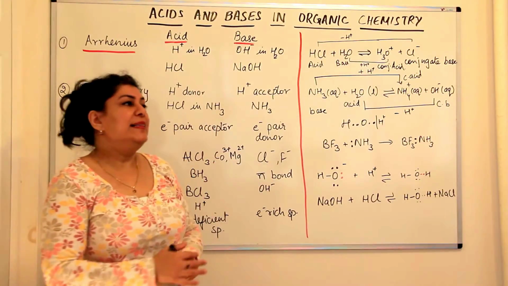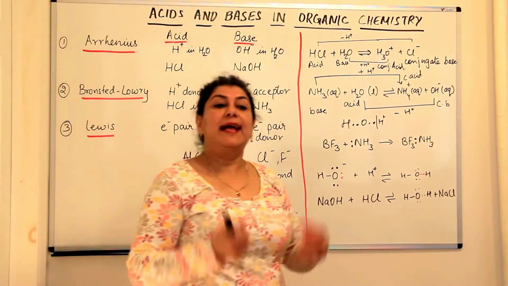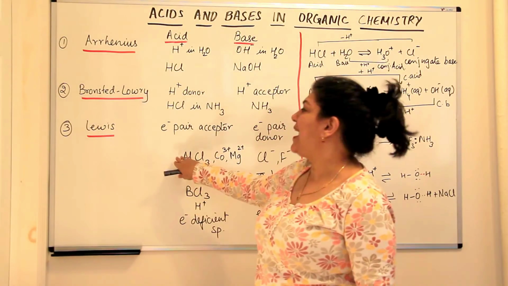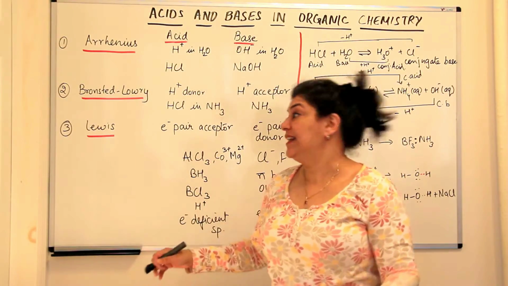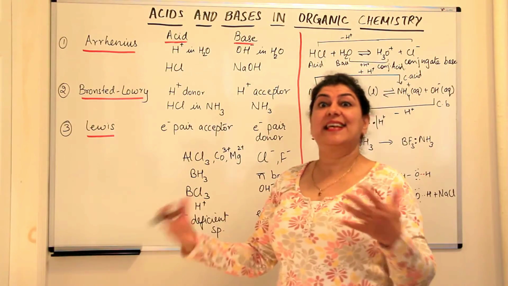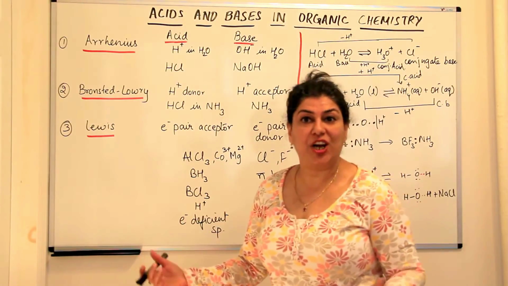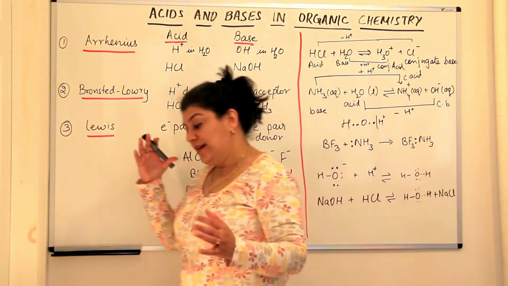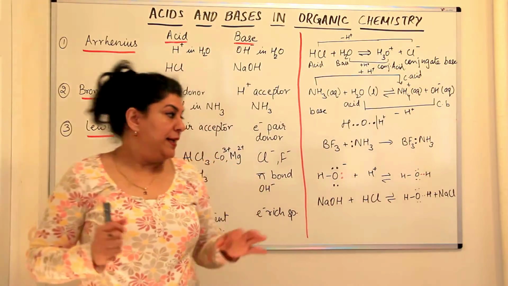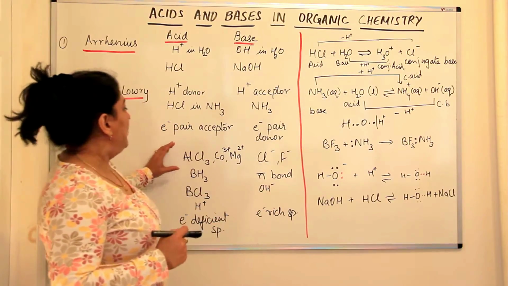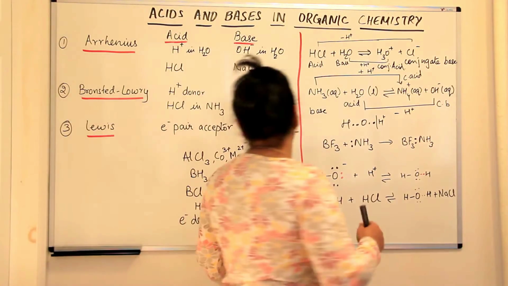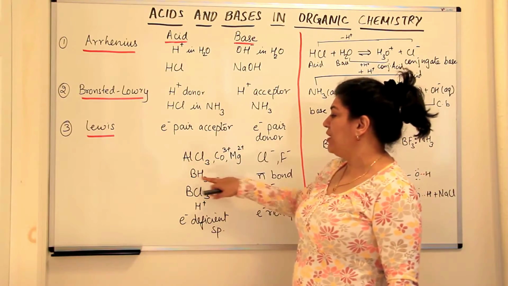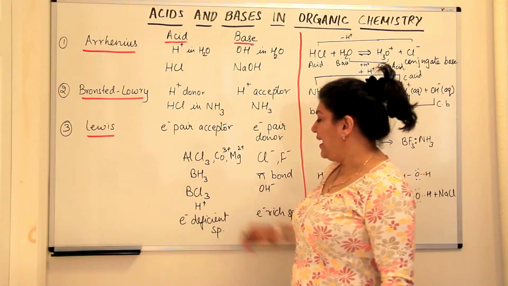Anything that is deficient in electrons, that is positively charged, which readily accepts electrons, would act as an acid. And anything that has excess electrons, is negatively charged, would tend to lose those electrons, and hence it would be a Lewis base. Examples of Lewis acids are AlCl3, cobalt 3 positive, magnesium 2 positive, BH3, BCl3, H positive.